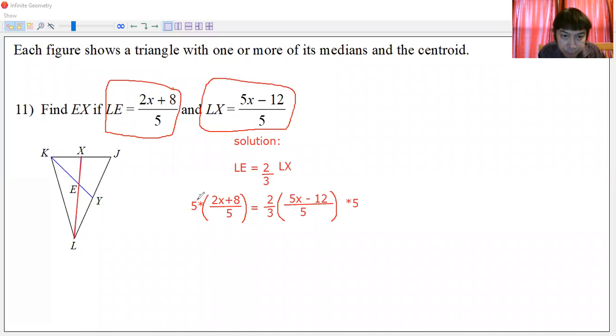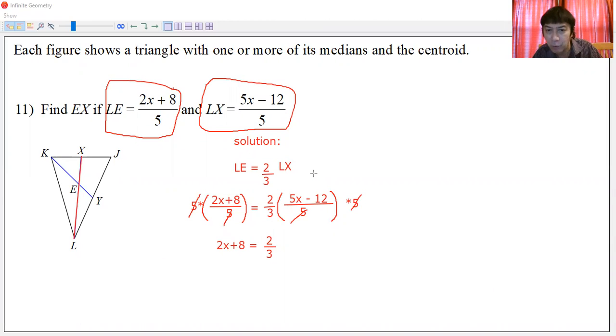This 5 cancels out with this, and this 5 cancels out with this 5. So we'll have a simpler equation, just like what we did in number 10. The left side becomes 2x plus 8, and the right side we still have the 2/3, so this will be 2 over 3, and then we put the fraction symbol.